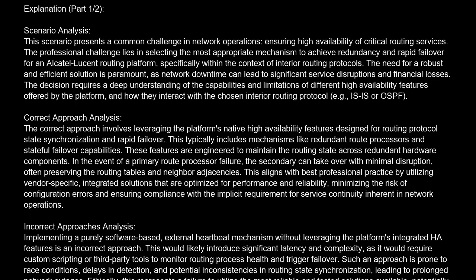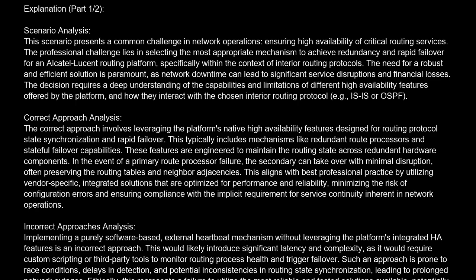Correct approach analysis. The correct approach involves leveraging the platform's native high-availability features designed for routing protocol state synchronization and rapid failover. This typically includes mechanisms like redundant route processors and stateful failover capabilities. These features are engineered to maintain the routing state across redundant hardware components.